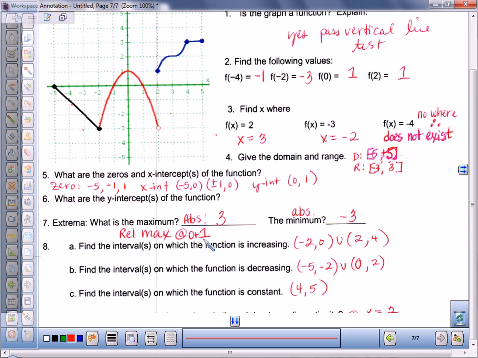The intervals where the function is increasing, it increases from -2 to 0, and then again from 2 to 4. It decreases from -5 to 2, and then again from 0 to 2. And it has a constant interval from 4 to 5. Are we good? Yeah. All right.